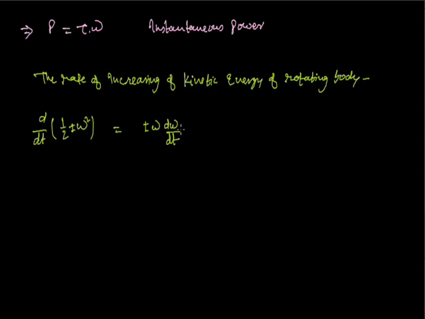As we know, d omega by dt is the angular acceleration, so we can write this as I omega alpha.